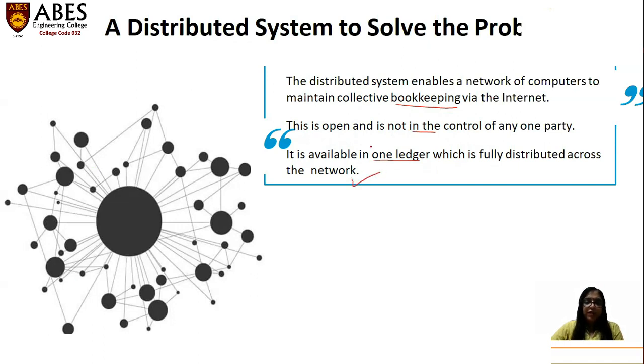So in terms of the current problems, we can use a distributed system network, where the bookkeeping is only via the internet. That means there is no third party or middleman who will carry out all these things. In this way, the transactions or system are controlled only by the entire network.